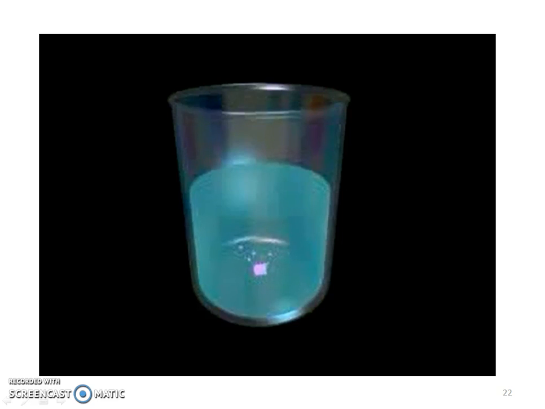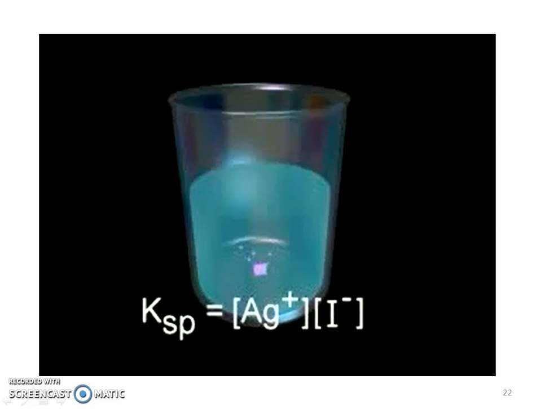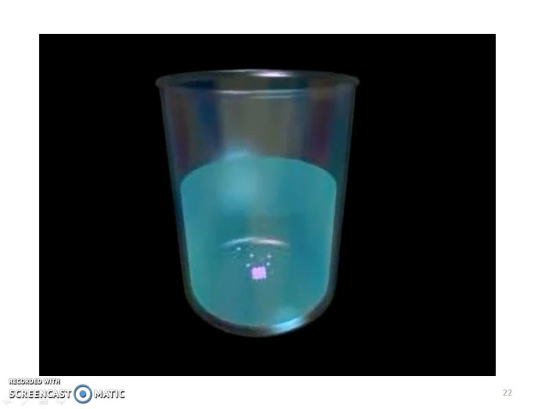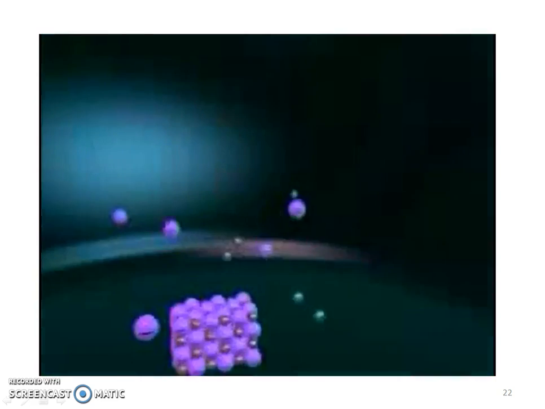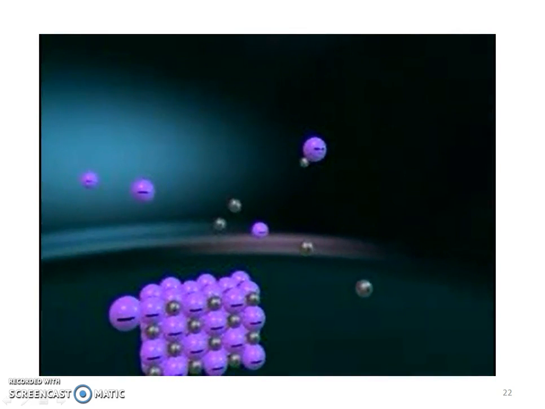Soluble solid such as silver iodide is placed in water, an equilibrium is established between the ions in the solid and in solution. In this view, the water molecules that solvate the ions are not shown to simplify the illustration. The solubility equilibrium is expressed by the solubility product. The silver and iodide ions are of equal concentration in the solution.